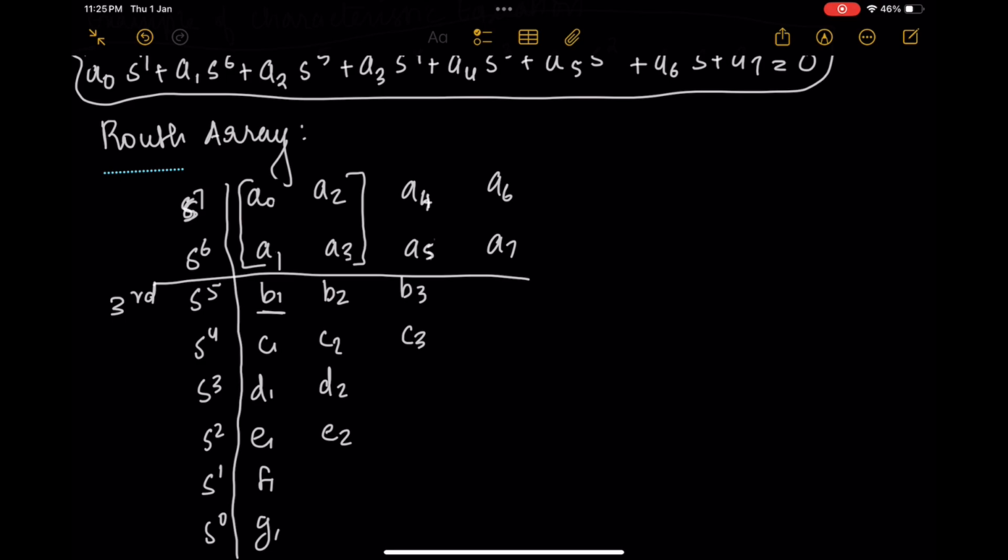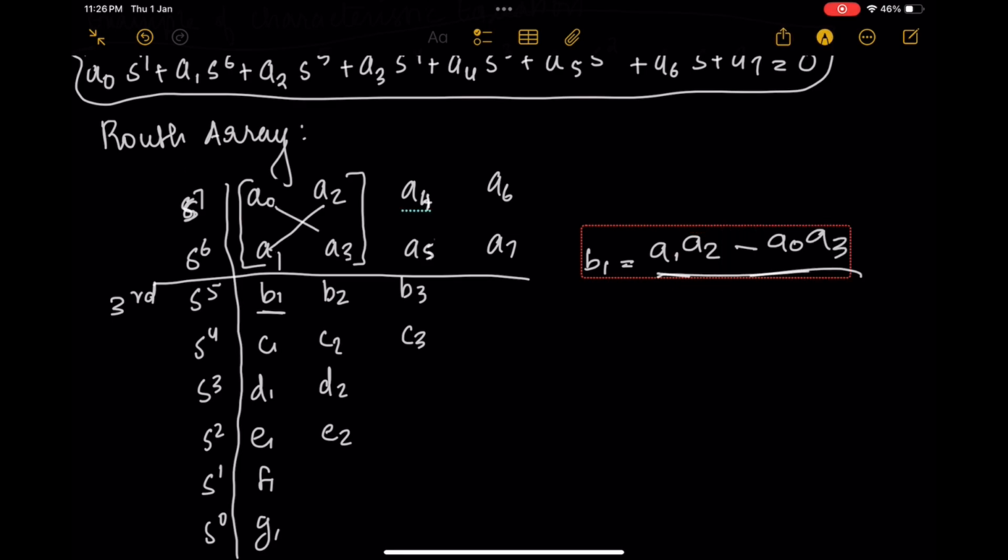So I'm going to find B1. In order to do that, I'm multiplying A1 with A2 and subtracting A0, A3, and dividing this by A1. I'll get B1.